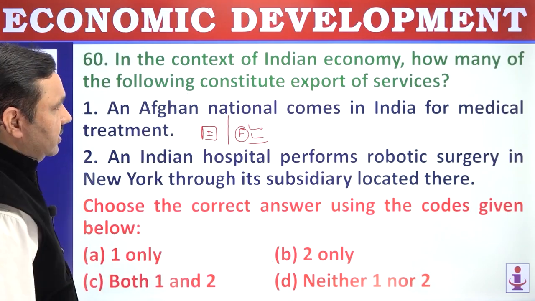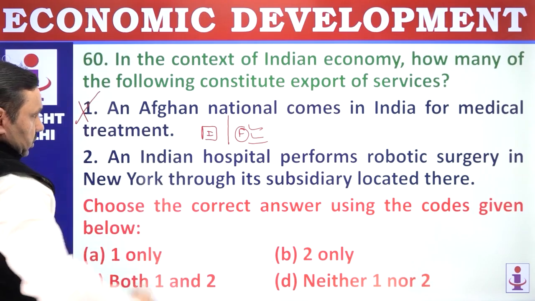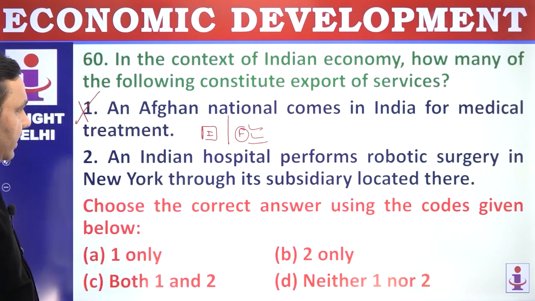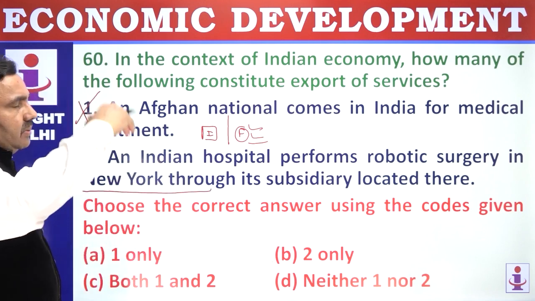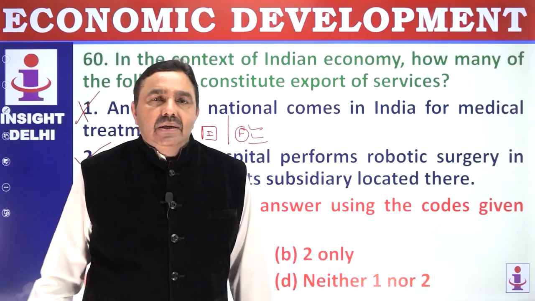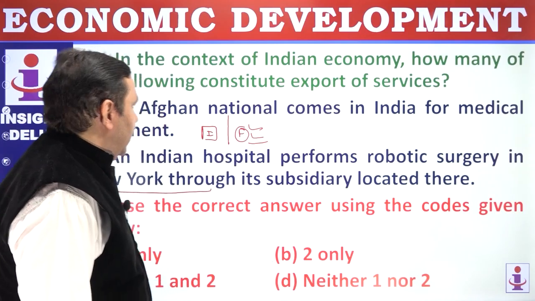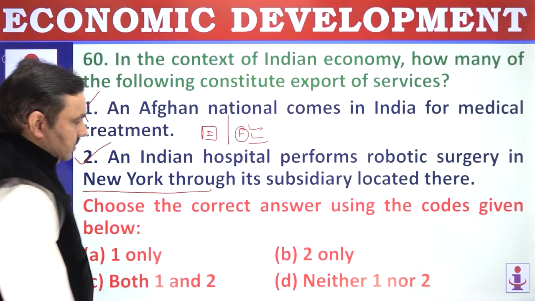An Afghan national comes in India for medical treatment, location of that foreigner is in India, so it's not export. An Indian hospital performs robotic surgery in New York through its subsidiary located there, that is export because service provider is in India, service receiver is in outside country. So this will be export of services. Only two.